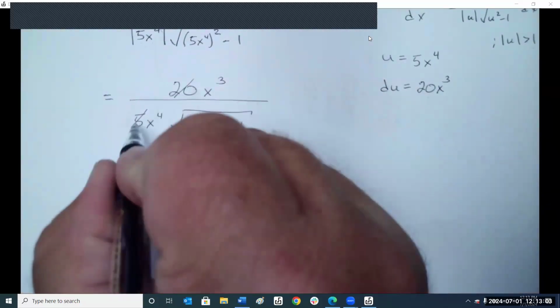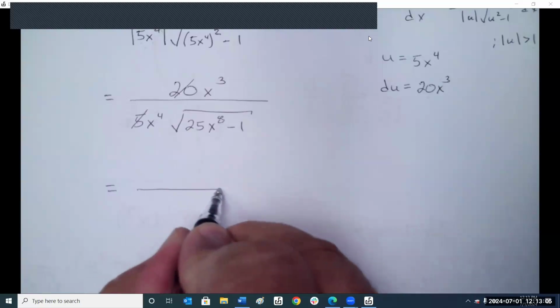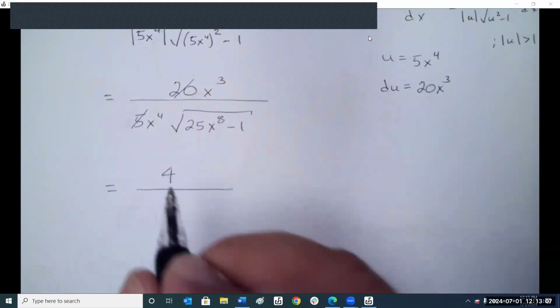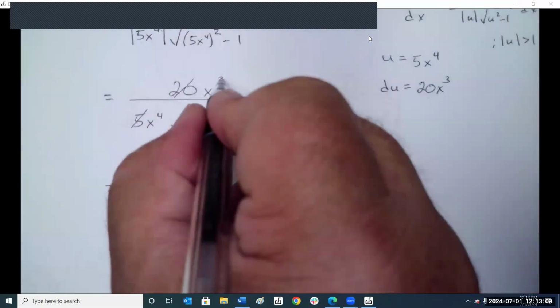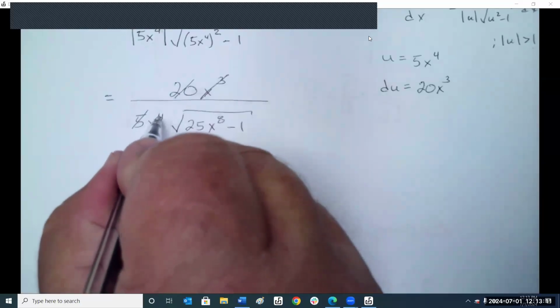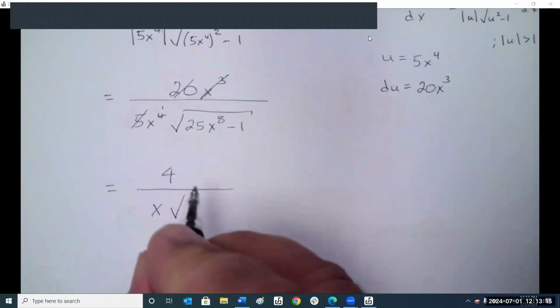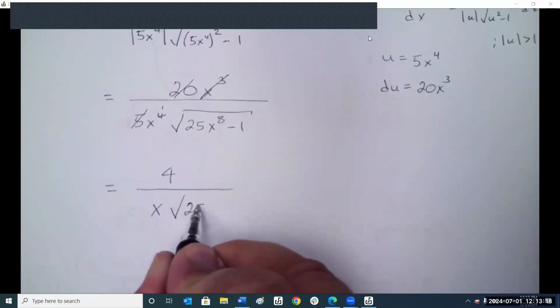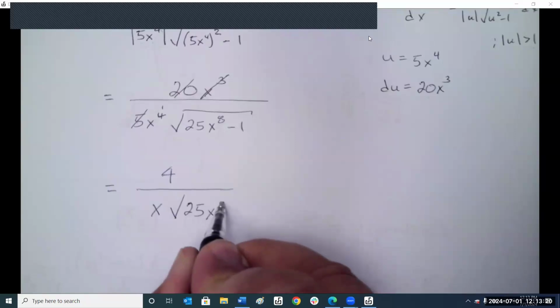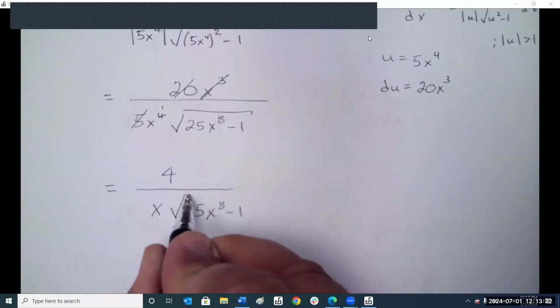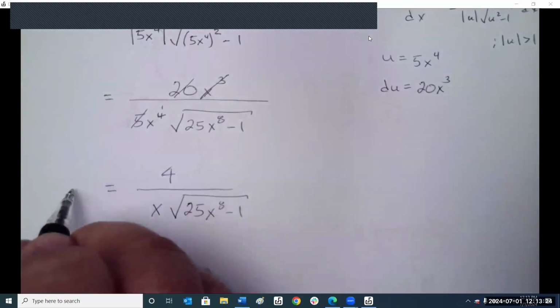The 20 and the 5. So 5 goes into 20 four times. Anything else? The x's: we subtract 3 from 4 and you're going to get 1. So it's just x. So it's 4x over the square root of 25x to the eighth minus 1. And there is your derivative.